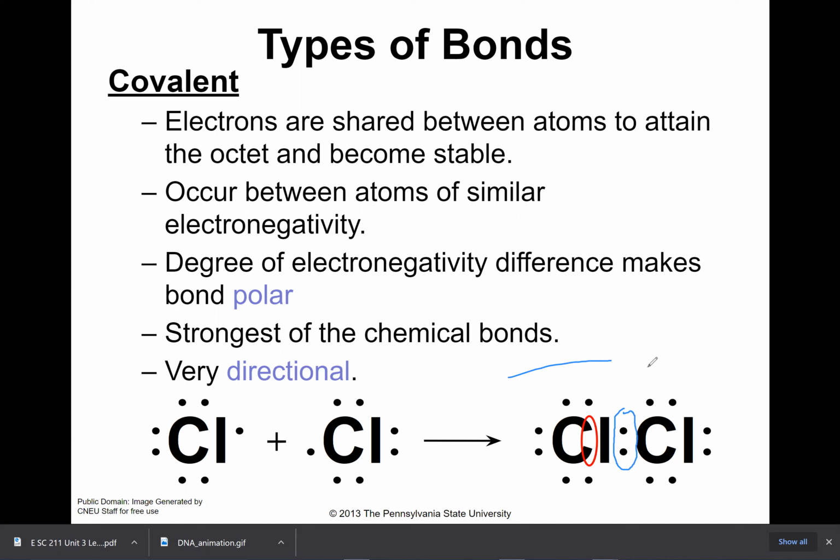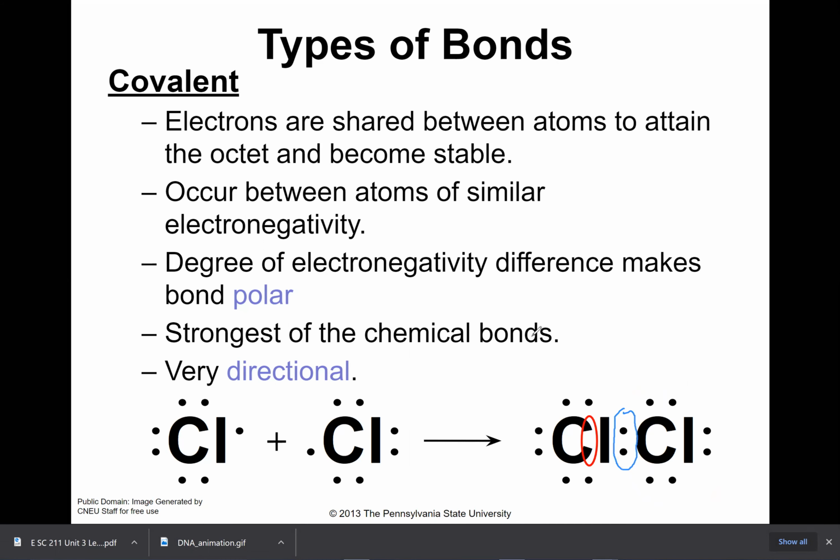And this chlorine atom also sees 2, 4, 6, 8 electrons. And 8 valence electrons is the lowest energy state, so almost every atom wants 8 electrons.